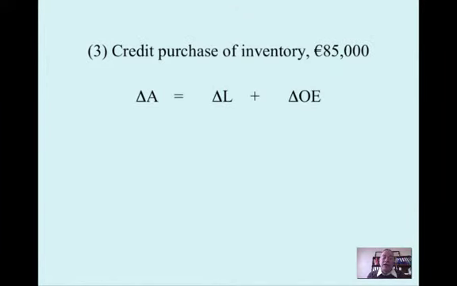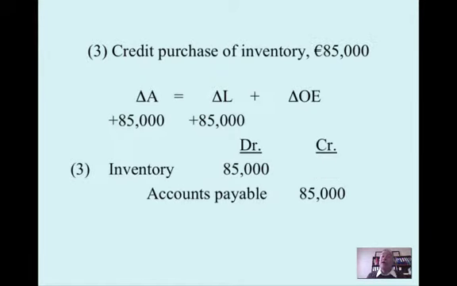So in terms of the accounting equation, we got the inventory, increase the inventory asset, and we're increasing the liability by $85,000. That liability is going to be called accounts payable. It's a specific type of a liability that relates to operating transactions, things like buying inventory, for example. The most common example of accounts payable is buying inventory.